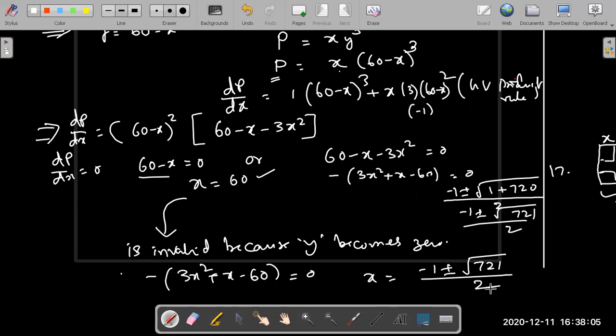So what's the square root of 721? Any idea? No, sir. Should I check in the calculator? I don't think you'll have a straight, without decimal number.